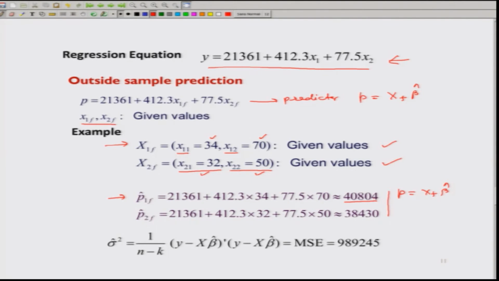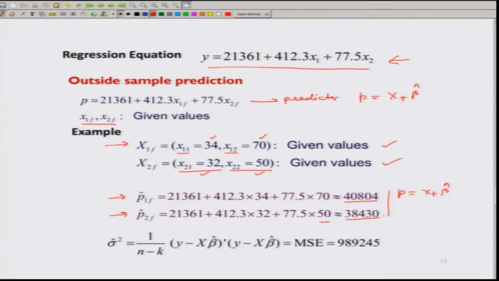And when the temperature is 32 and the humidity level is 50%, then the demand of water is going to be reduced, to 38430 thousandths kiloliter. And this confirms the real life story also. When the temperature is less and humidity is less, people try to consume less water.